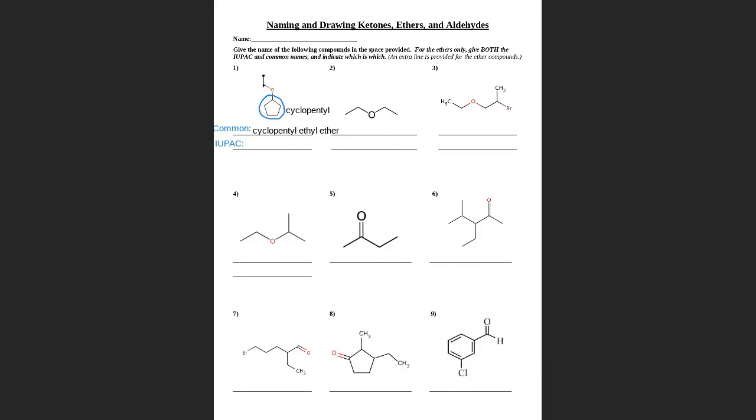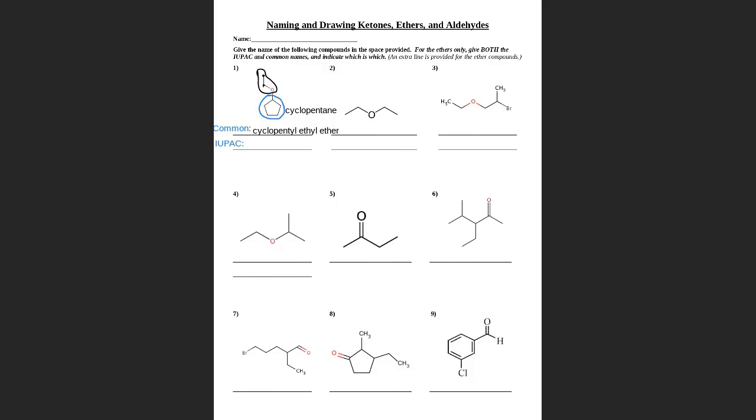Instead of treating both sides like a substituent, I treat the longest carbon chain as if it is the main chain. So this is actually going to be cyclopentane for the IUPAC name.